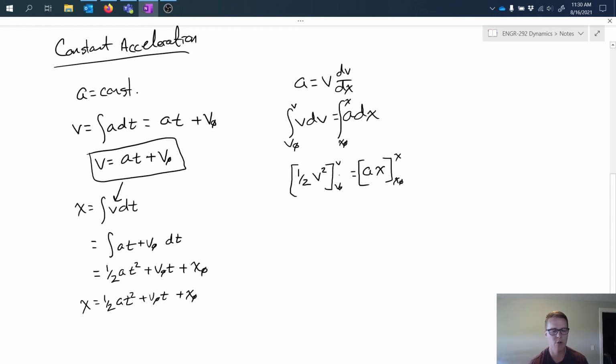So if I substitute in these limits of integration, I get 1/2 times v squared minus v naught squared, and set that equal to acceleration times x minus x naught.